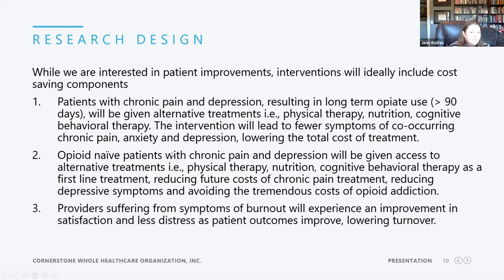So we're saying that we believe that they'll have fewer symptoms, and that there'll be a lower total cost of treatment over time, and that providers are going to have an improvement in satisfaction and less distress, which would also lower turnover, we hope, right? So if we can help patients, help providers, improve population health, lower costs, then we've met the quadruple aim.